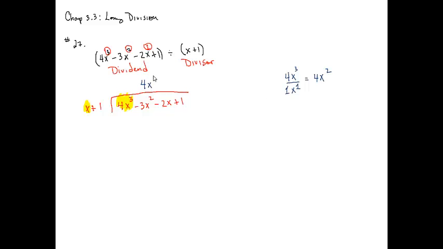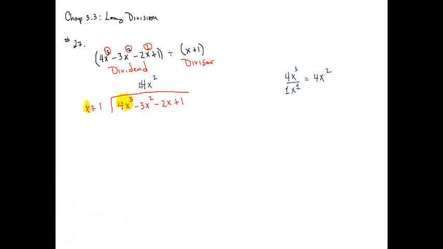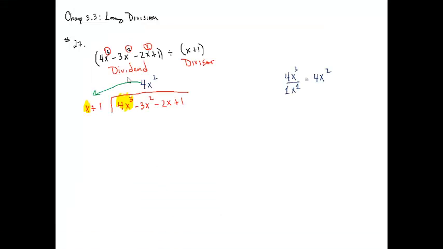So that's 4x squared. Once you do that, now you get to multiply. Taking this first term, this is the first term inside my quotient, you multiply by every term inside your divisor. So 4x squared times x is 4x to the third power, plus 4x squared times 1 is 4x squared.